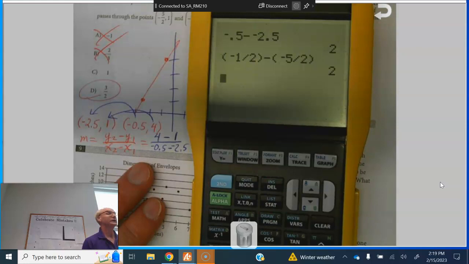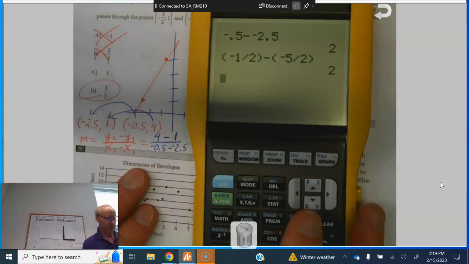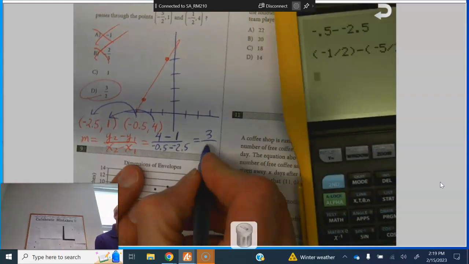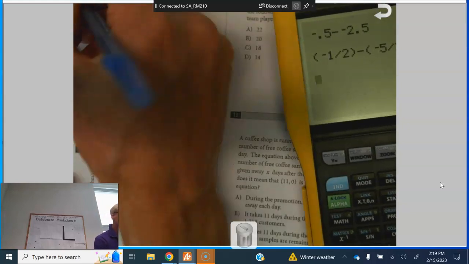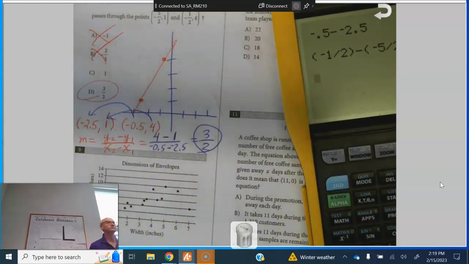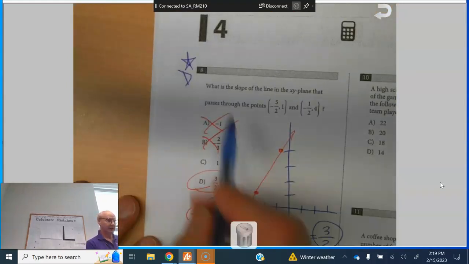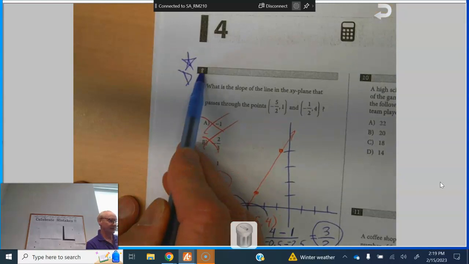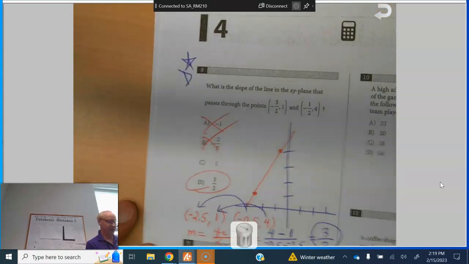Still get the same answer. You still get the 2. Now I'm sure. Looks like that on my paper. I always put a capital letter next to the number, and I put a star if I'm sure.